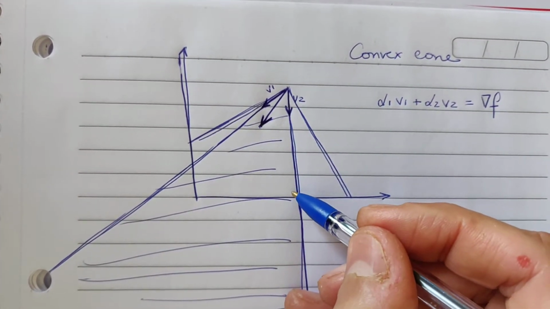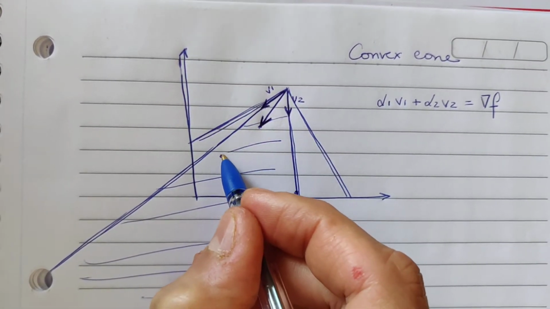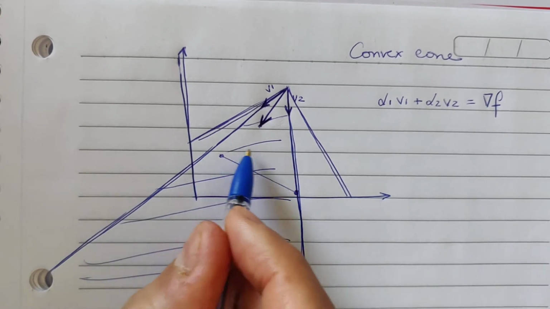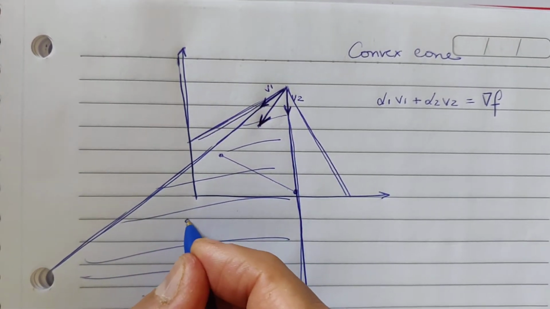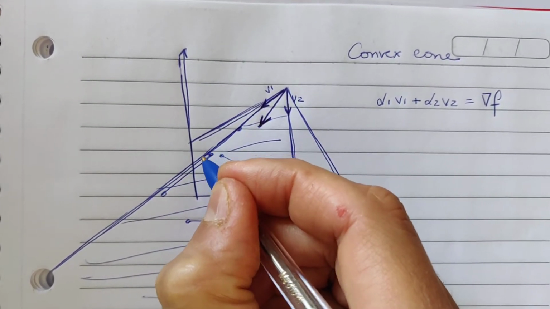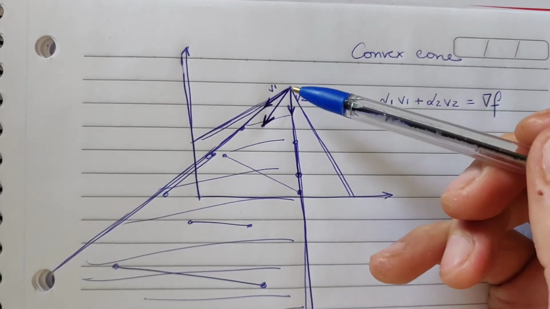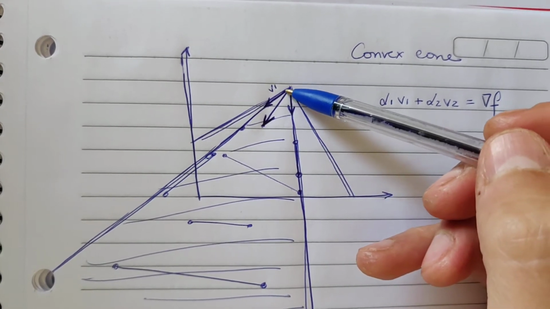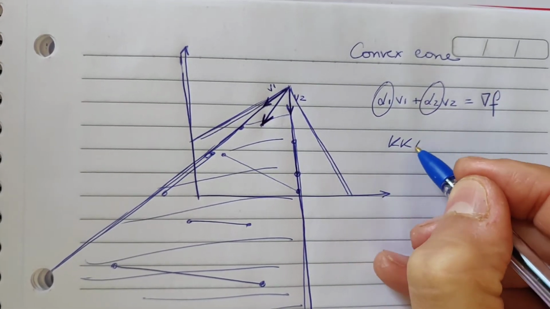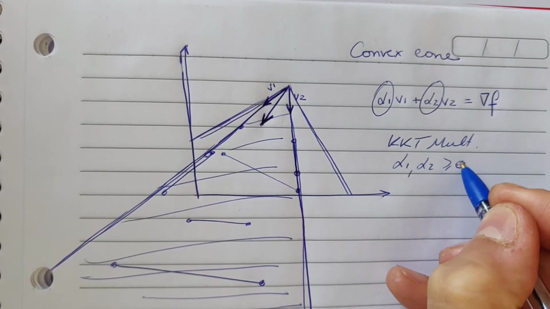Because if I take any point here and I combine it with any other point here using a linear function, the linear function lies inside my feasible set. So I can combine like this, I can have some point like this, or here, or here. And that's why those are called our Karush-Kuhn-Tucker multipliers, and those must be greater than or equal to 0.